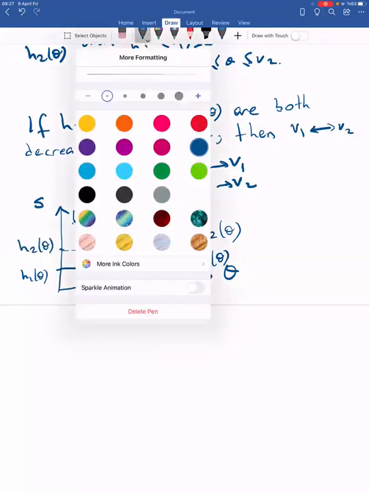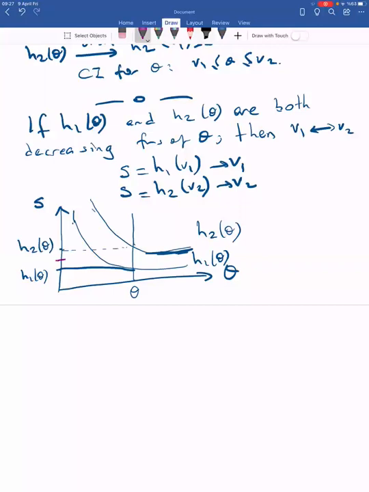Let's say we have S in the middle. Where S meets the h2 and h1 functions, we read off values on the theta axis. So when our S hits the h1(theta) function, we get the lower bound for theta. When our S hits the h2 function, we get the upper bound.